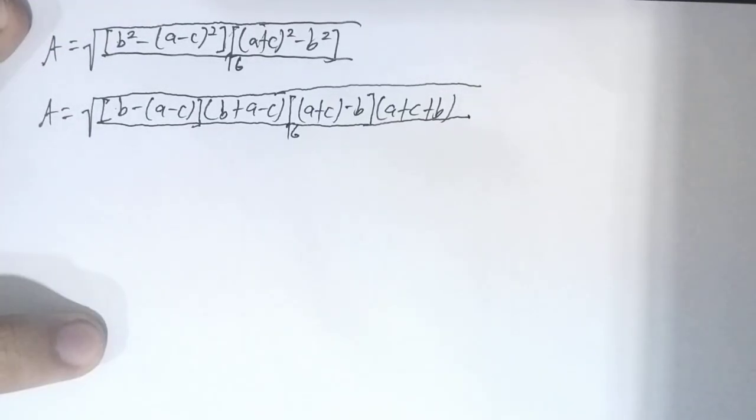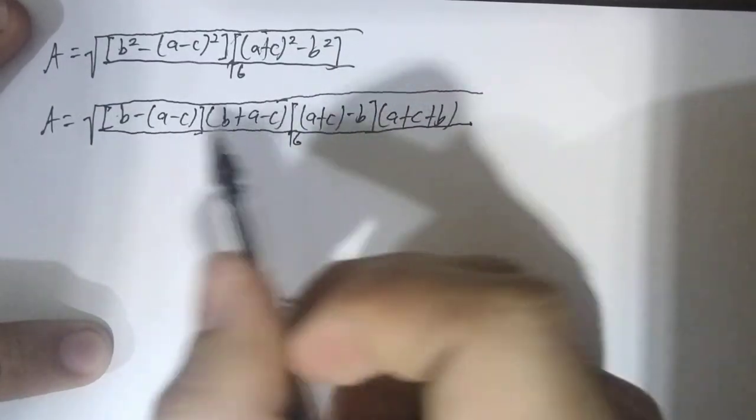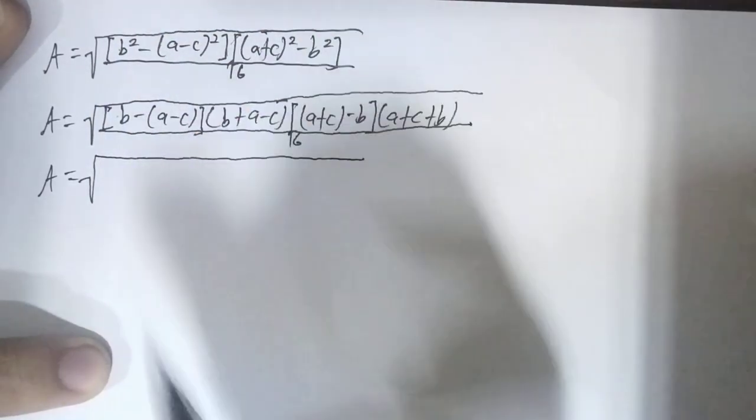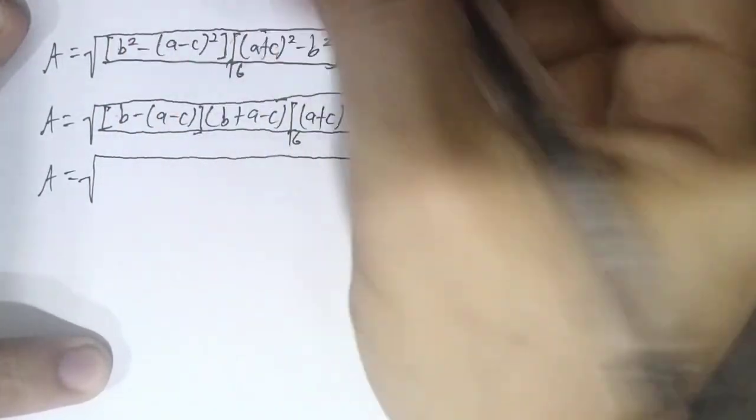I can already see it now. What I would do is distribute the negatives here. So this will become A is equal to the square root of, distribute the negative, okay? This will become b minus a plus c, correct?